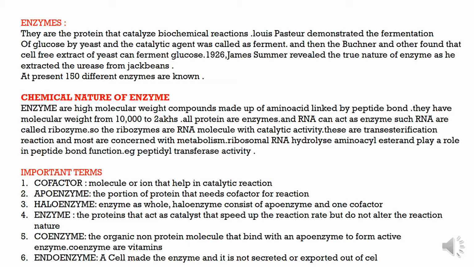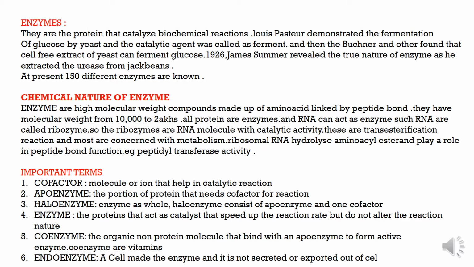These are transesterification reactions and most are concerned with metabolism. Ribosomal RNA hydrolyzes amino acyl ester and plays a role in peptide bond formation. Example, peptidyl transferase activity.